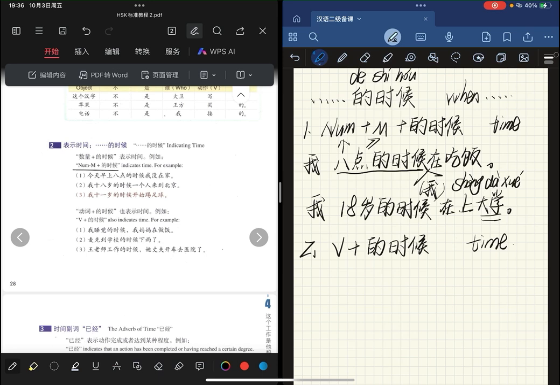For example, when I was sleeping, 睡觉的时候. 我睡觉的时候, something else happened and someone came. 有人来了。我睡觉的时候有人来了。When I was sleeping, someone came.